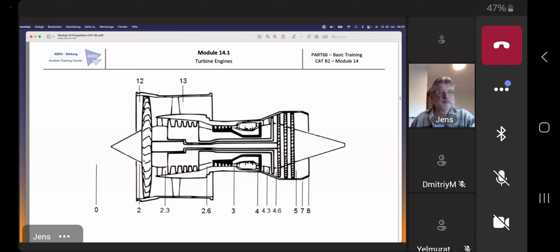Sometimes it's T4.95, sometimes T4.9. The manufacturers place the EGT probes somewhere between entry to the turbine and exit of the turbine. And so therefore some strange names appear here, depending on the manufacturer, of course.